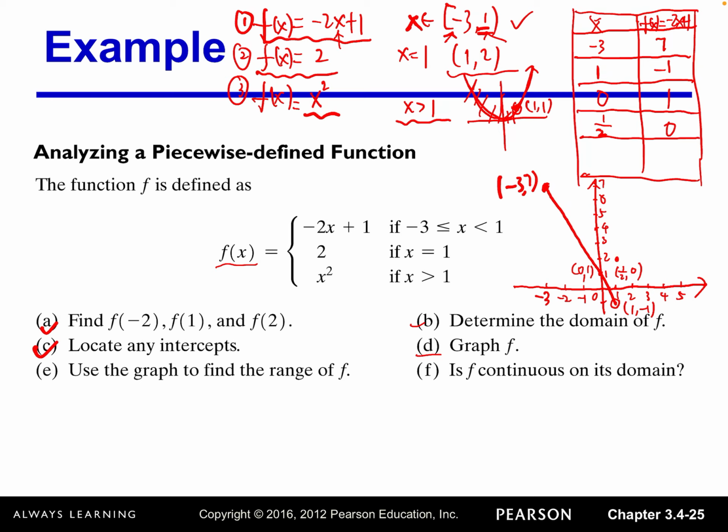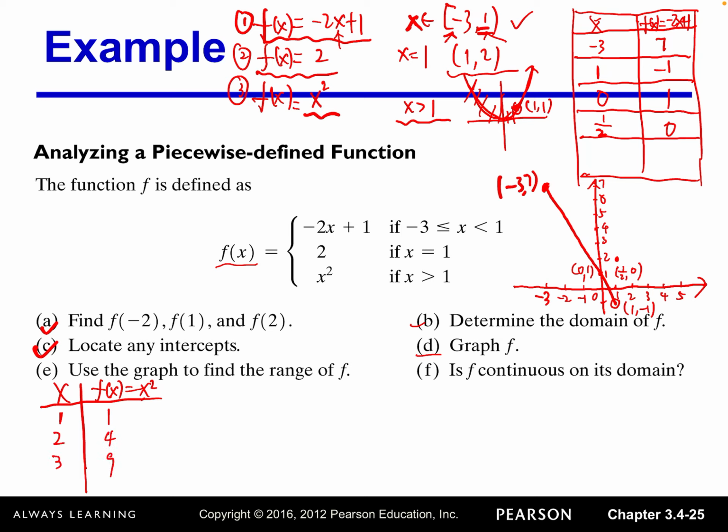The third one is the quadratic function. We need another table, x and f of x equals x squared. We can use only positive numbers for x, greater than 1. So 1 squared is 1, 2 squared is 4, 3 squared is 9.